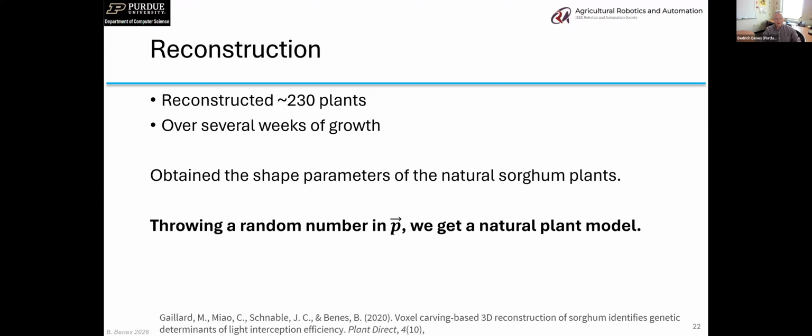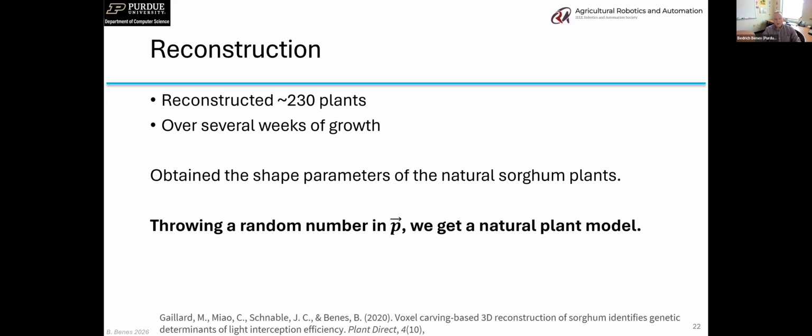Now, the really important thing is that if you take the input parameters and you throw a random number that fits the measured set, then you end up with a natural plant model. So you end up with a valid 3-dimensional model that doesn't need to be a plant that was in the input data set, but it's a plant that has the same distribution of parameters as a real plant.